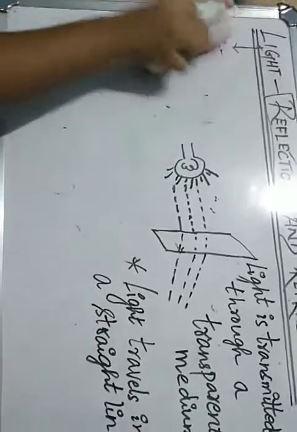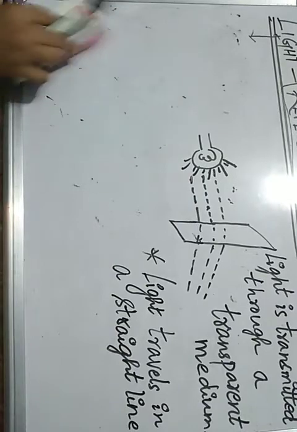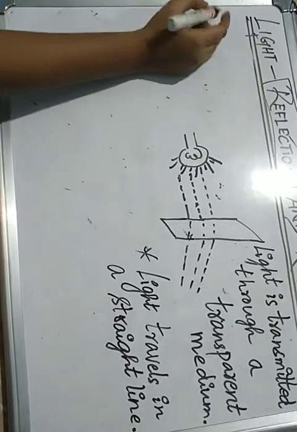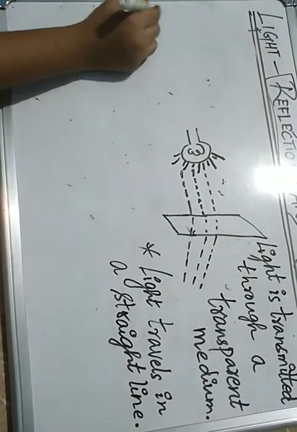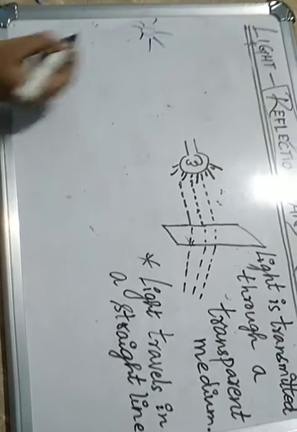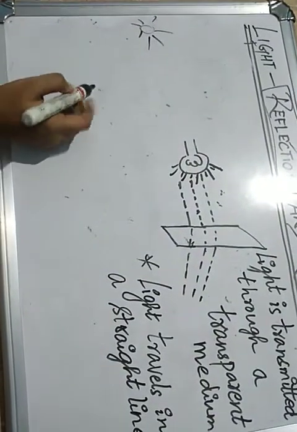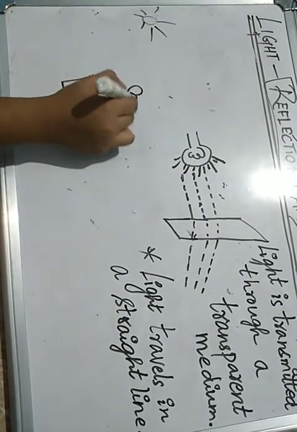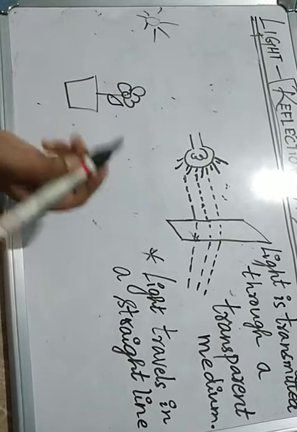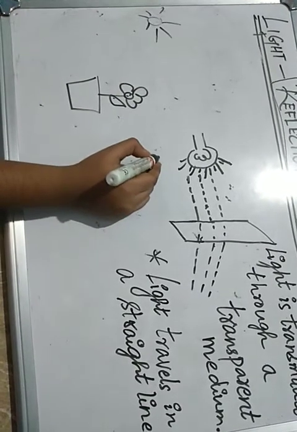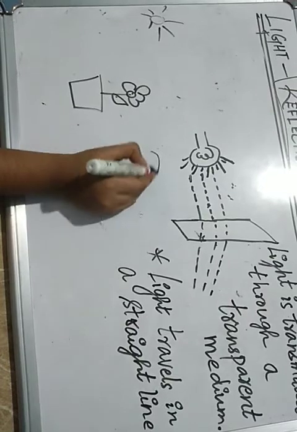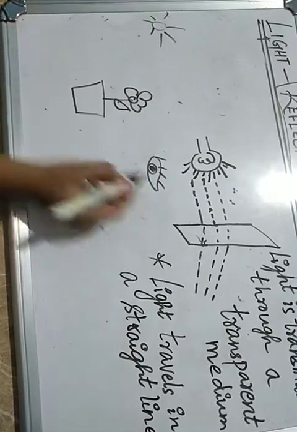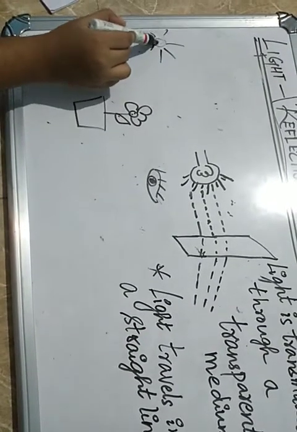I will show you how light is incident on an object, how it reflects back, and how you are able to see. Let me take the sunlight as a source. The Sun is a source of light here, and then let me take this flower pot, and here I'll take your beautiful eyes. Now, here you have the source of light.